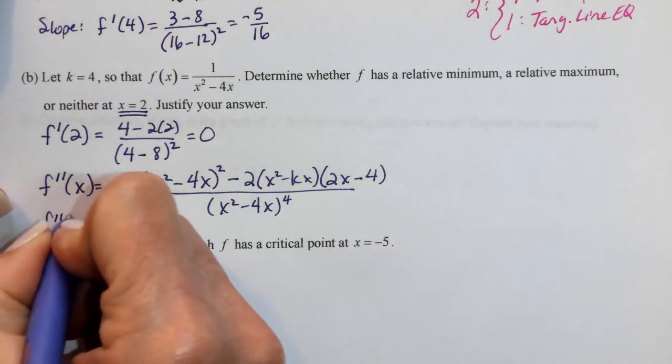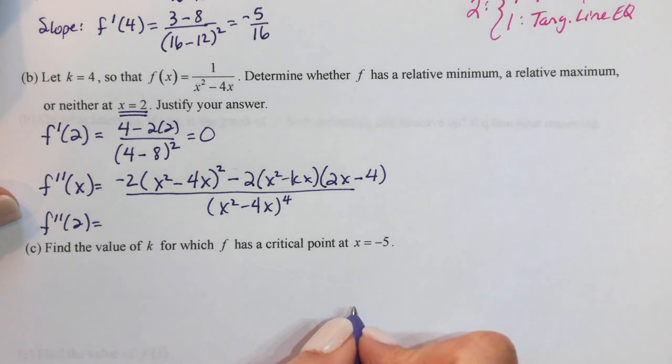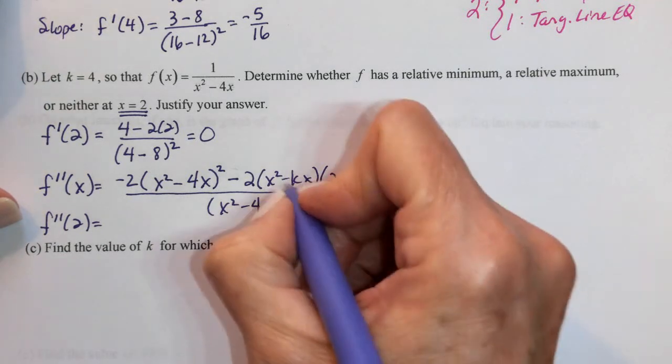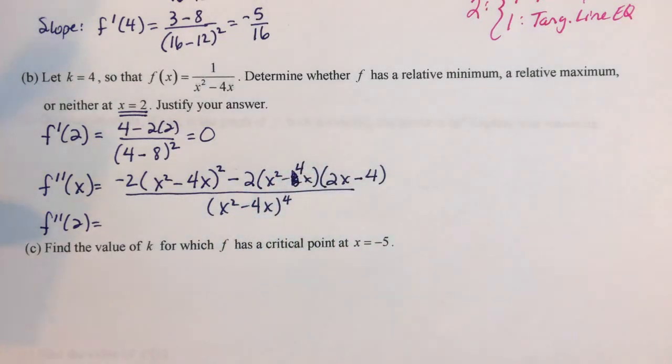Now I'm going to put 2 in for x, and I'm really only interested in the sign of this, right? And I see I did put a k here. This should be a 4 because k is 4. All right. 2 in for x.